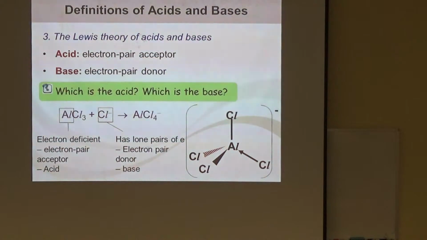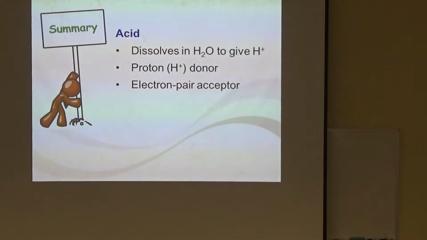Okay, next thing we talk about. So the summary: Arrhenius theory, results in water to give H plus. Second one, Bronsted-Lowry theory is just about proton donors, doesn't need water to be present. And third one, Lewis theory, you are talking about electron pair acceptors.